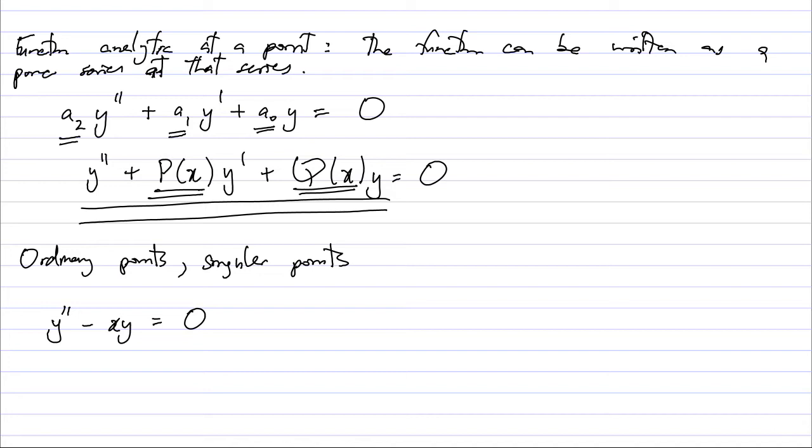Both of them are nice functions, with essentially trivial power series. The power series for p of x only contains a constant term which is 0. The power series for q of x only contains the term minus x. So essentially the point x equals 0 is an ordinary point for your given differential equation.